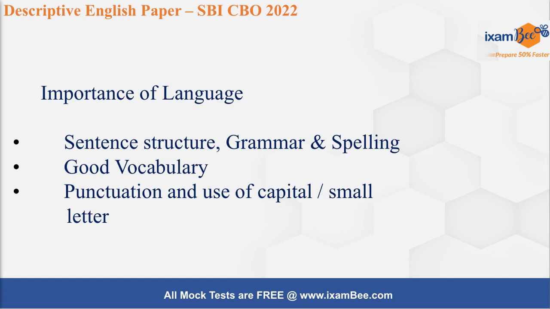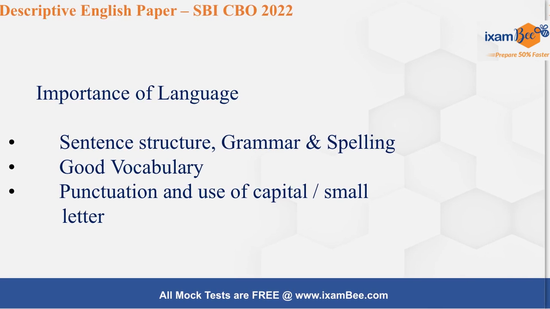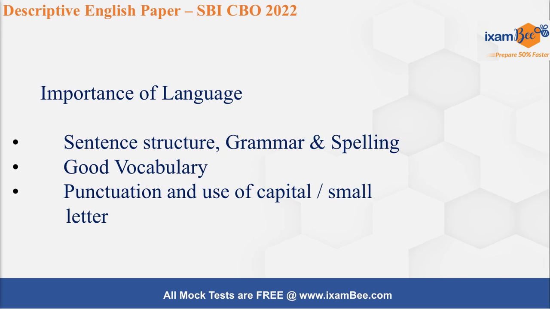Language is very, very important in this because it is a test of your writing skills, and here sentence structure should be proper. And see, whenever you write for your objective English paper, you learn how to find the errors.